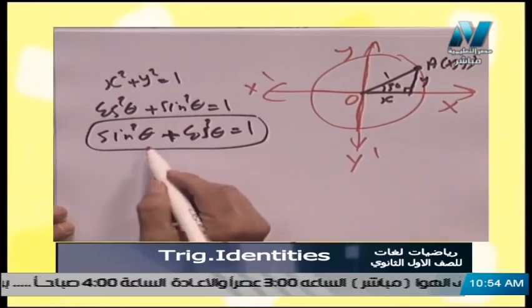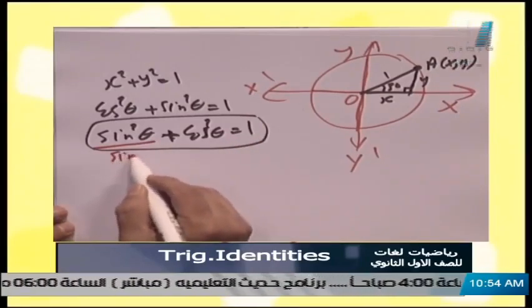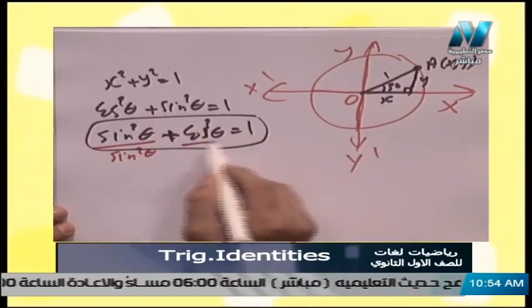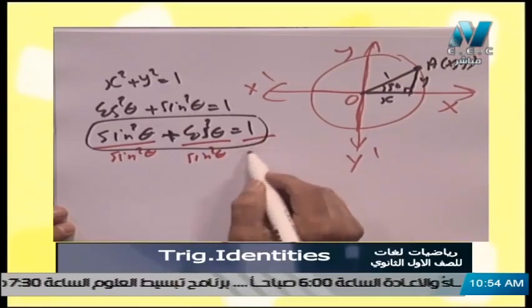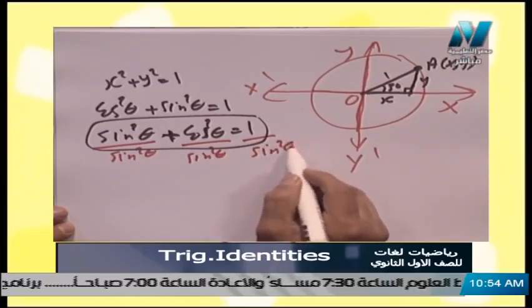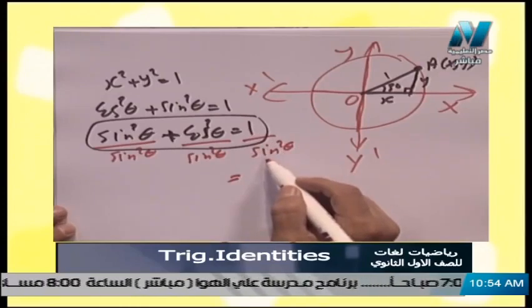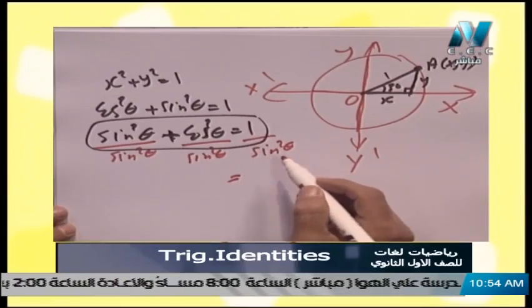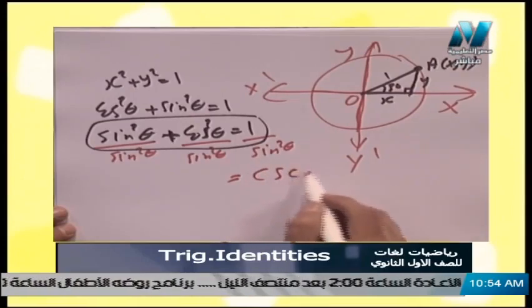If we divide this identity by sine power 2 theta here, and divide this part by sine power 2 theta, and divide this part also by sine power 2 theta, 1 over sine power 2 theta equals the reciprocal of sine power 2, which is cosec power 2 theta.